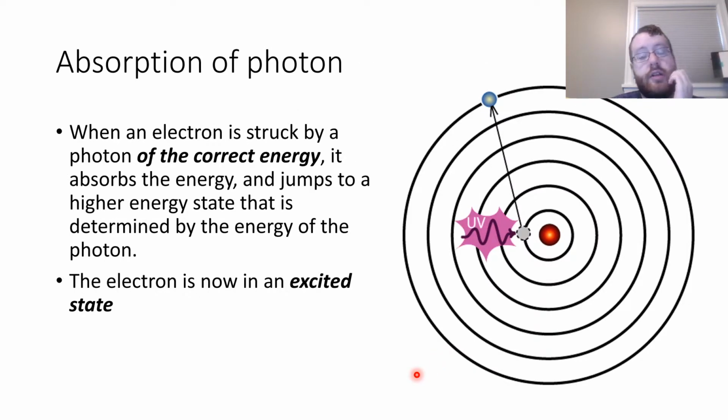So how does an electron get to an excited state? Well, the way that we're going to be looking at today is the absorption of a photon. So essentially, when a photon of the correct energy, that's the key, and I'll talk about why in a second, hits an electron, it will move up to a corresponding energy state, which is referred to again as the excited state. Now, the reason why it needs exactly the correct energy is because these electrons can only go to these set levels.